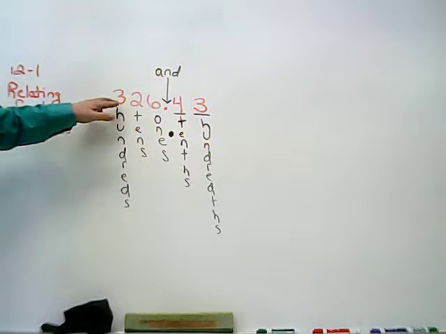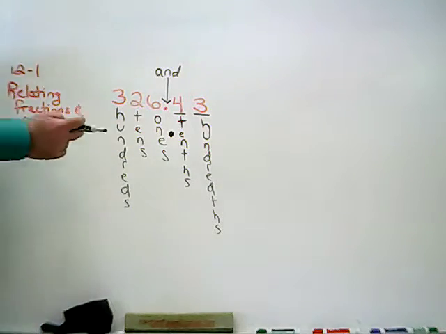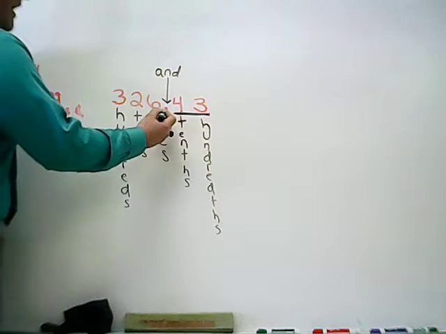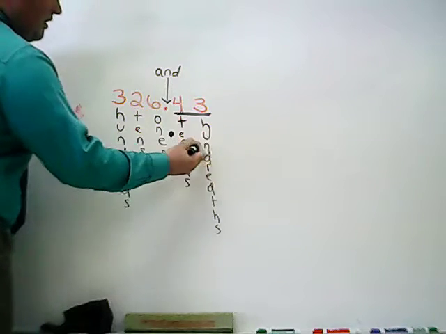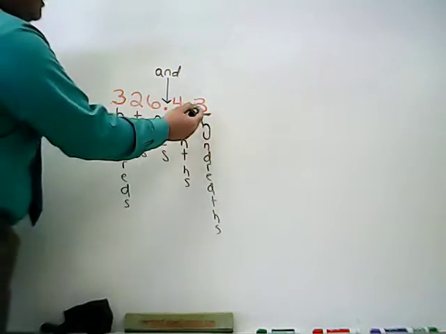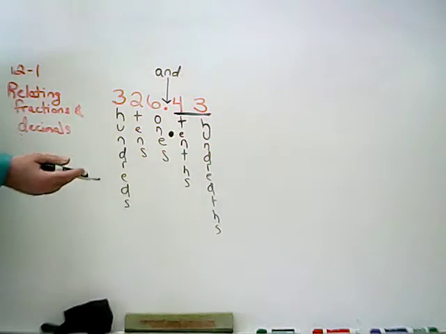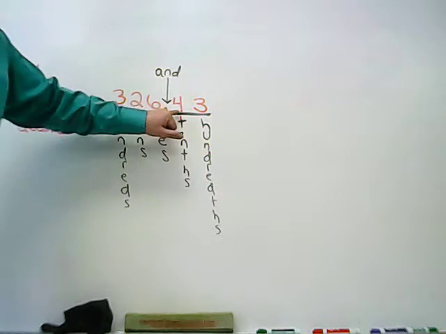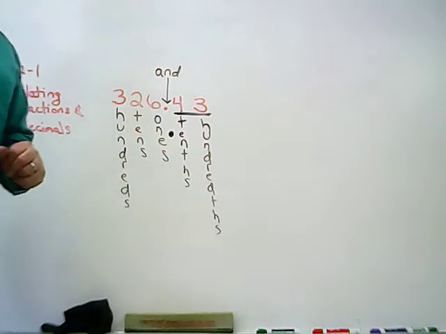So I would say this, 326 and what I'm going to do is buddy up this number now, and 43, and since hundredths is the farthest place value I have, I say 43 hundredths. So this number would be 326 and 43 hundredths.